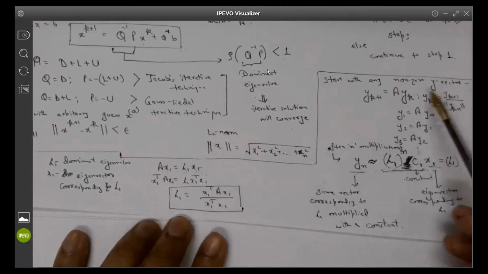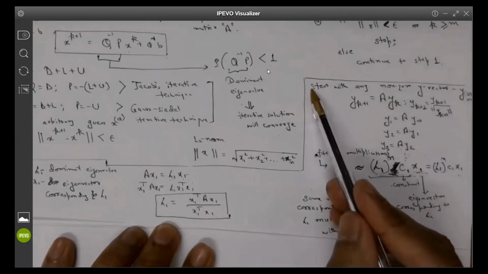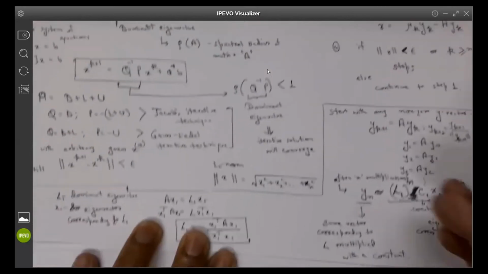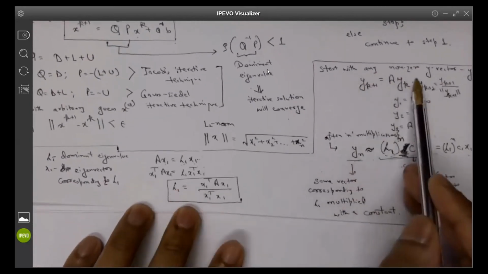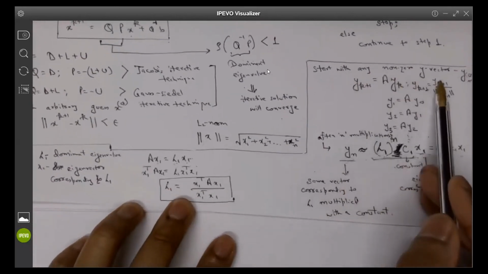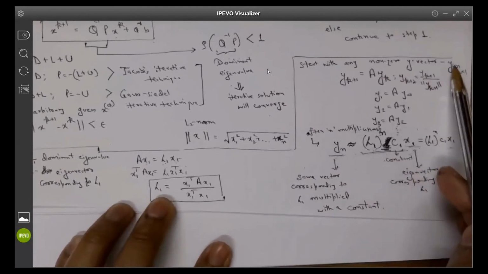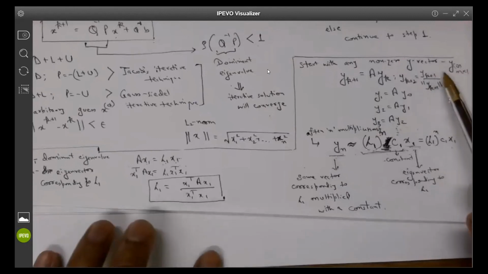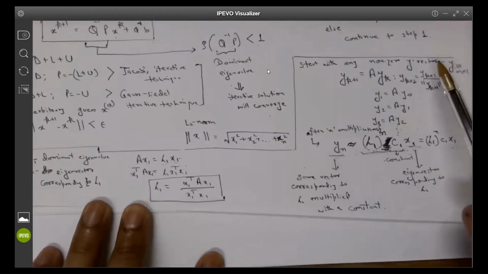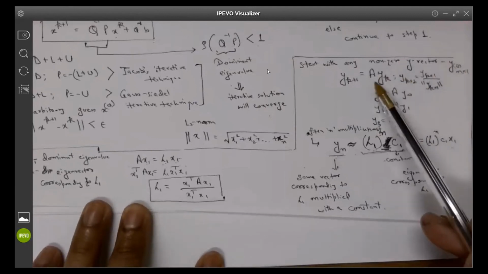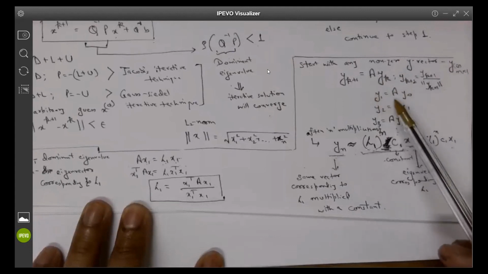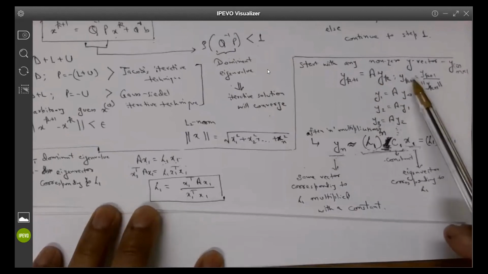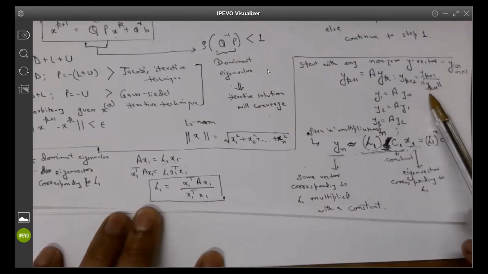Now, when we start with this, I asked you to forget about these steps at this point of time and focus on these steps. So I start with a non-zero y vector, and it can be any vector, for example 1, 0, 0, or 1, 0, 1, or 1, 0, -1, a number of your choice. Start with that vector and keep on multiplying with A. But when you are multiplying it, remember that you are also normalizing it.